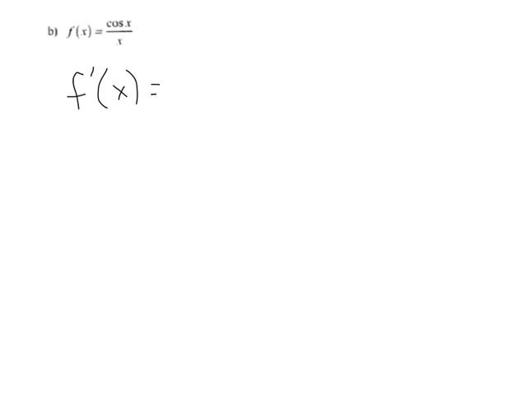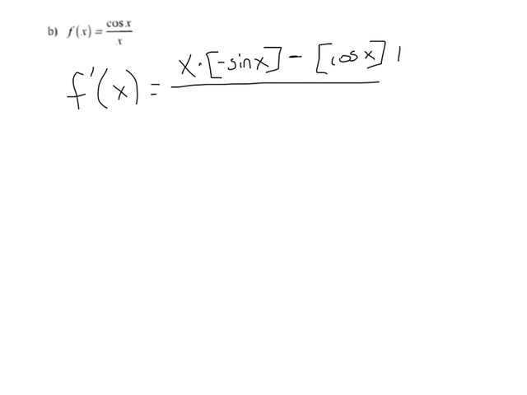So I would have low d high, derivative of cosine is negative sine x, minus high, so minus cosine, derivative of low, x is just 1, and then we square the low, we'd have x squared.